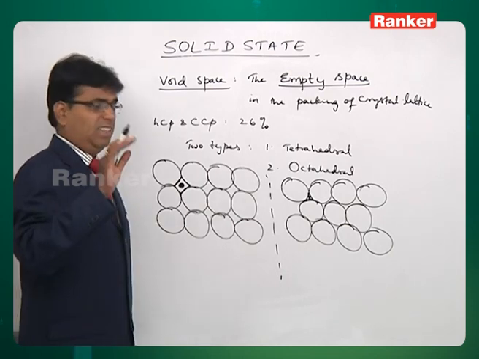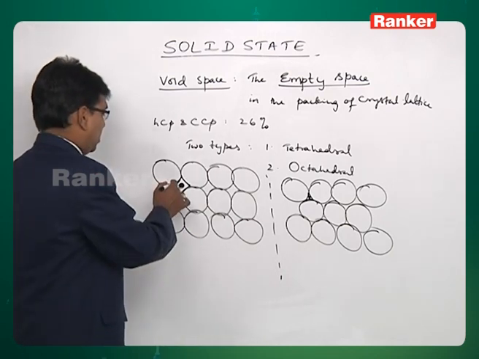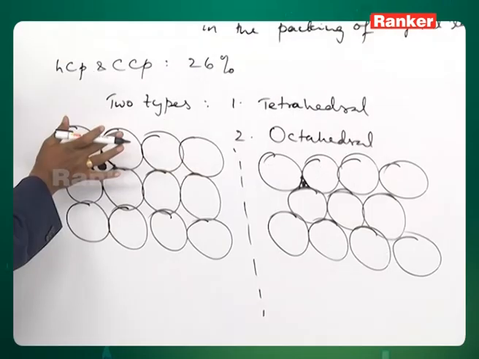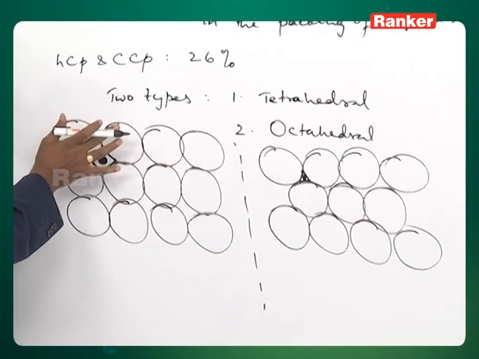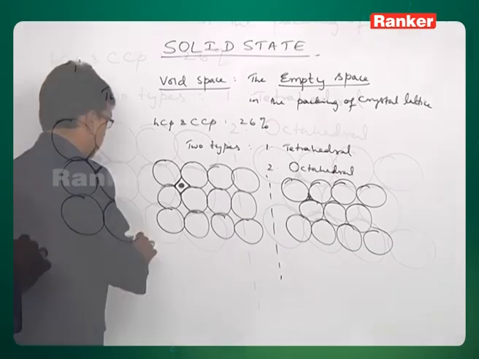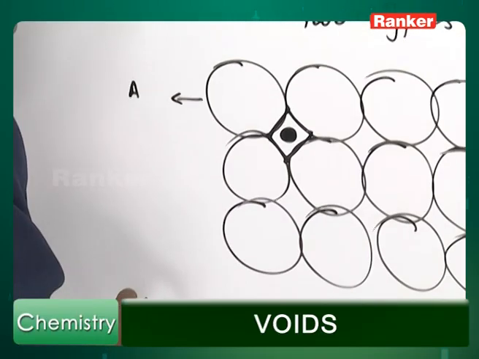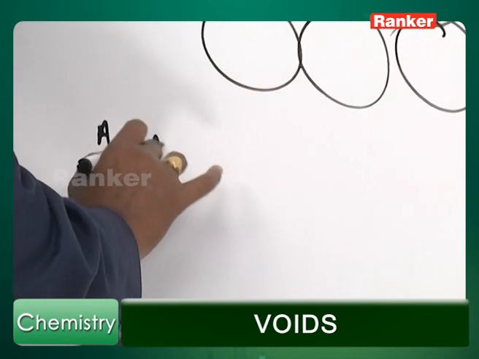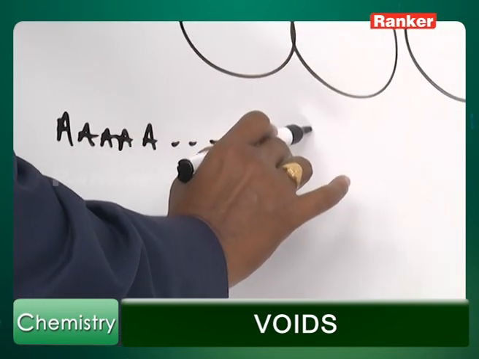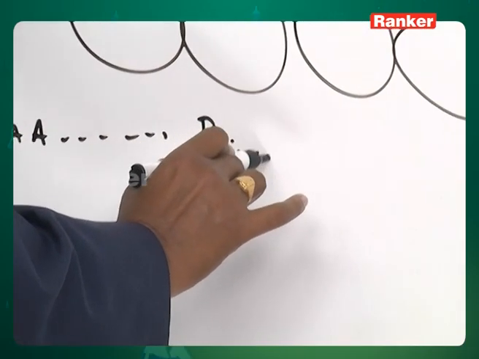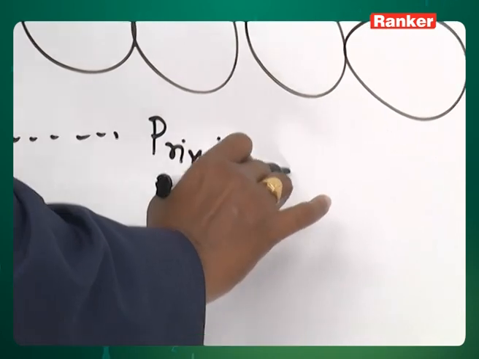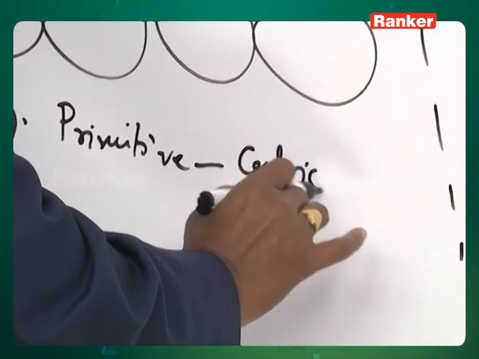Then, this is a square void. On top of this, if you keep another 4, and consider this as layer A, and continue with all A type arrangement, then what you will get is primitive, and here you will get a cubical void.